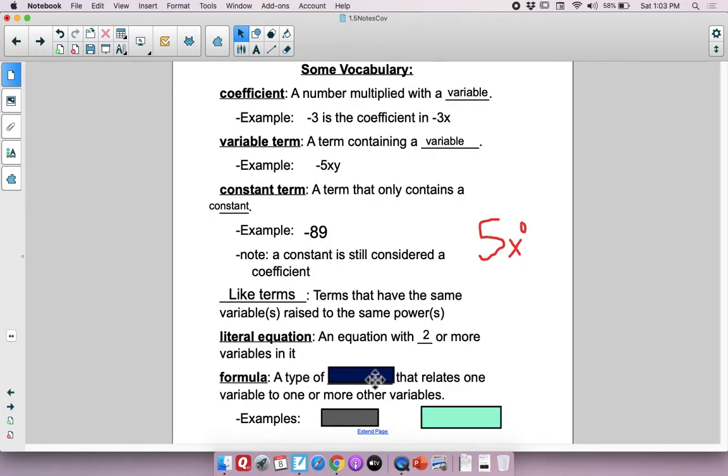So we would call that a literal equation. And a formula is a type of literal equation that relates one variable to one or more other variables. So any kind of formula that we've used, like force equals mass times acceleration, or the perimeter of a rectangle is equal to twice the length plus twice the width.